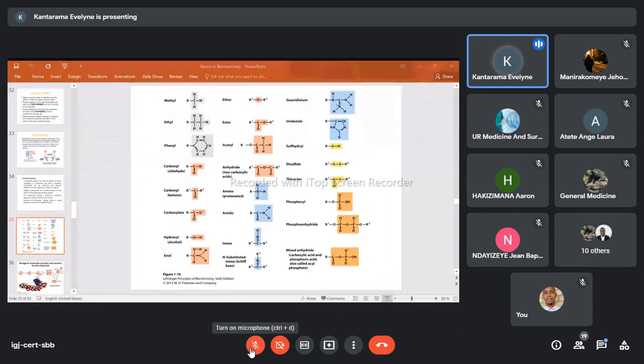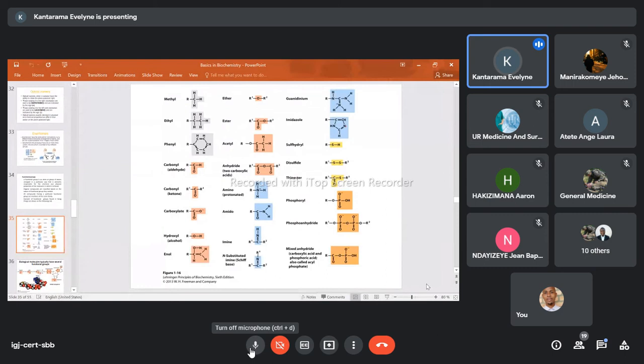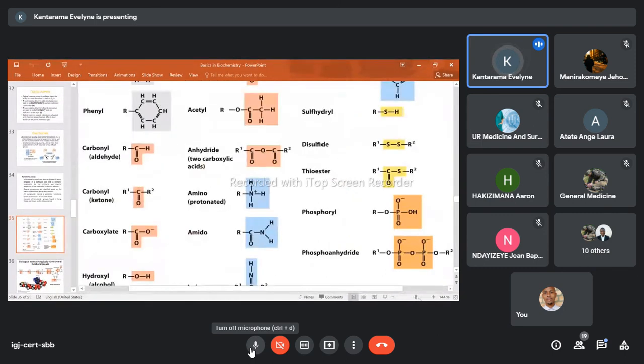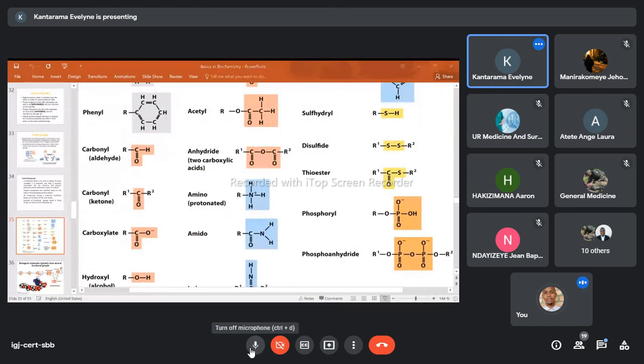Just here to show we have different kinds of functional groups. I don't know if it is possible to zoom and still continue to see the slide. Okay. Now just to show different types of functional groups.